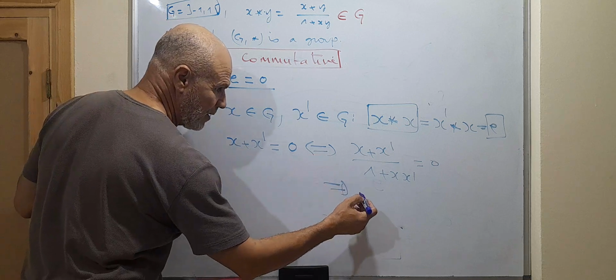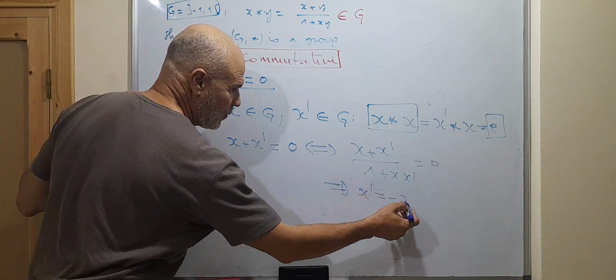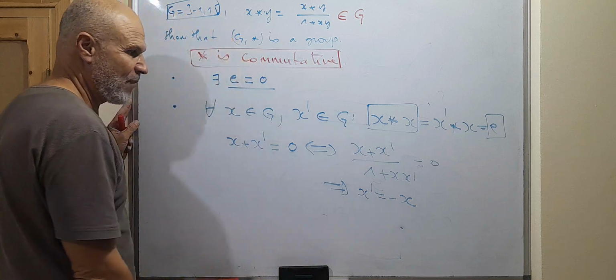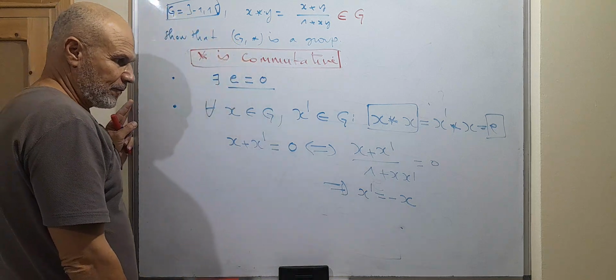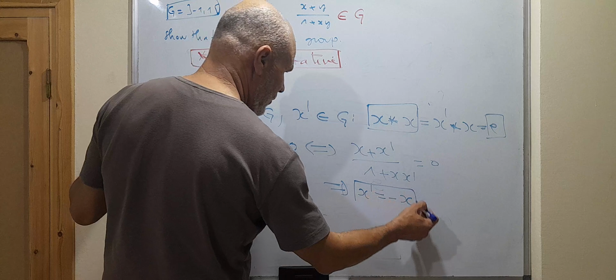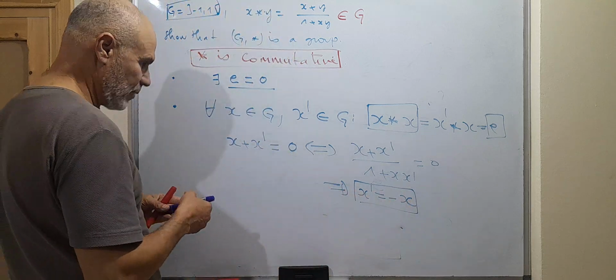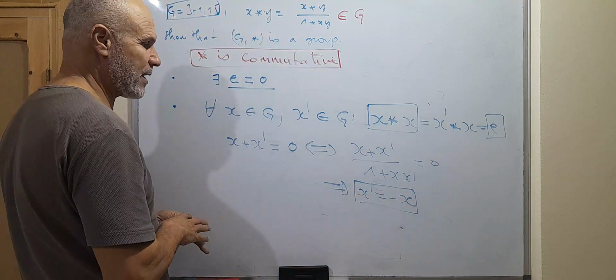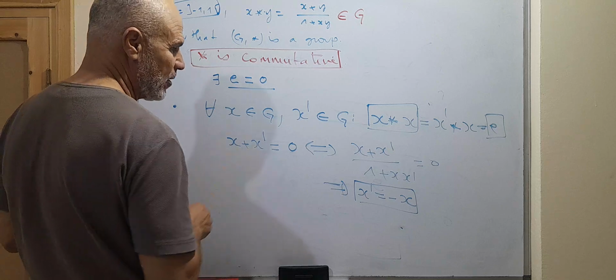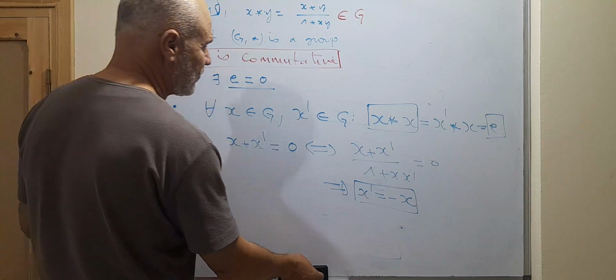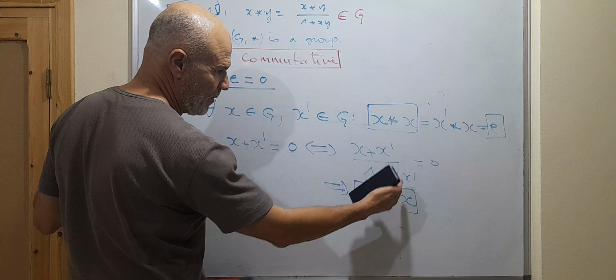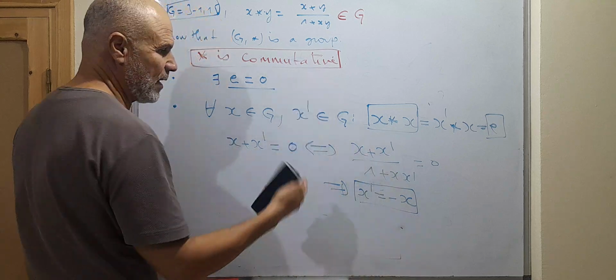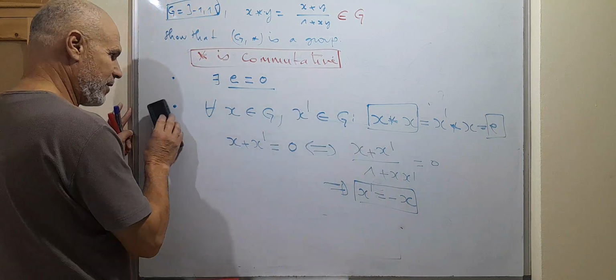This implies that x prime is equal to -x. So there exists an inverse element for each element of G, and this one belongs to (-1, 1), so it is in G.